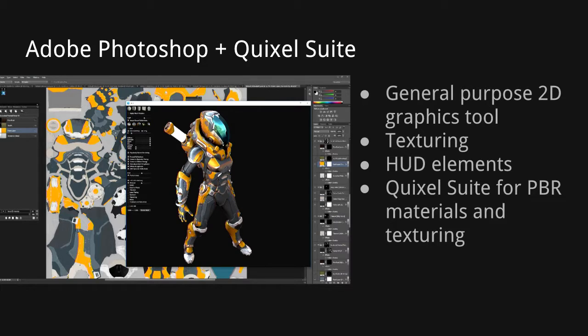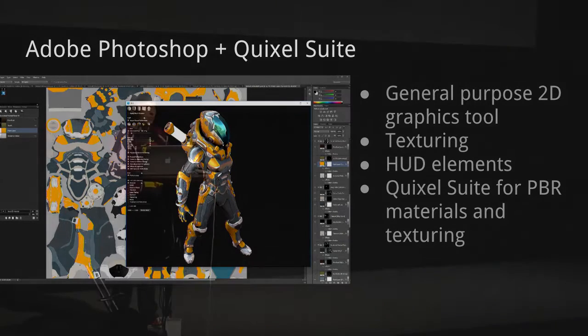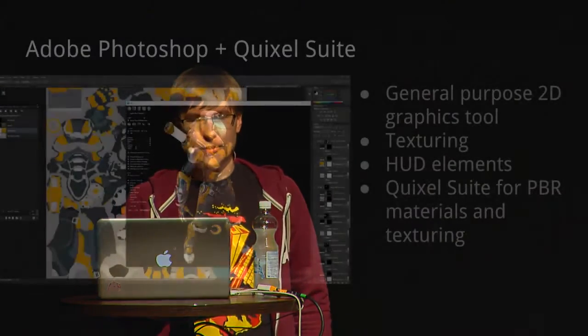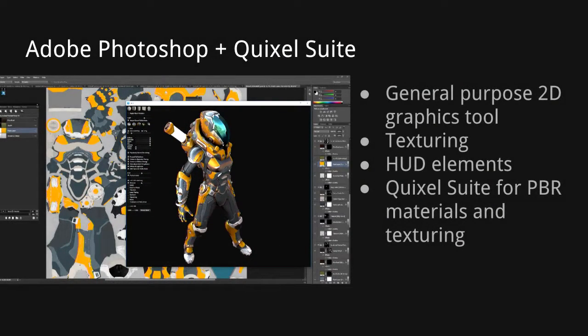At this point, we have moved on from Quixel Suite. We are using Painter software for that, which is a bit more modern, but Quixel Suite is a very nice way to start working with PBR materials, as it integrates in Photoshop, and most of the texture artists are familiar with Photoshop.